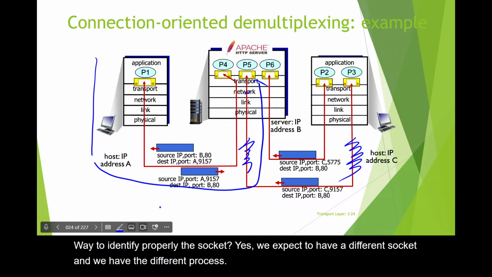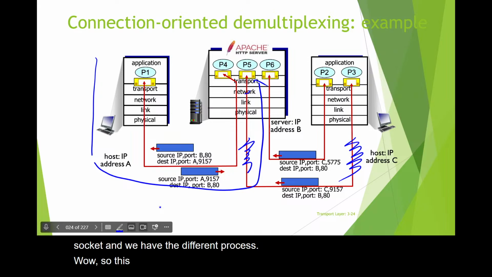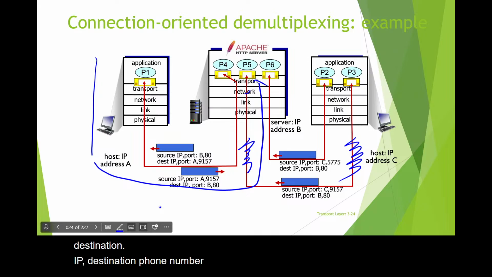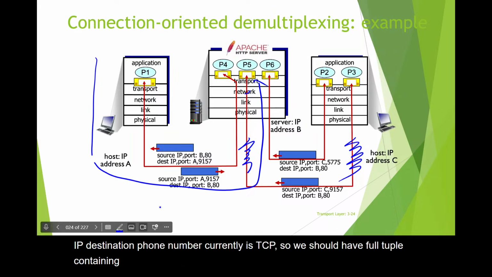So this is the multiplexing for TCP, not UDP, because UDP just uses destination IP and destination port number. Currently, it's TCP, so we should have the full tuple containing source IP, source port, destination IP, and destination port.